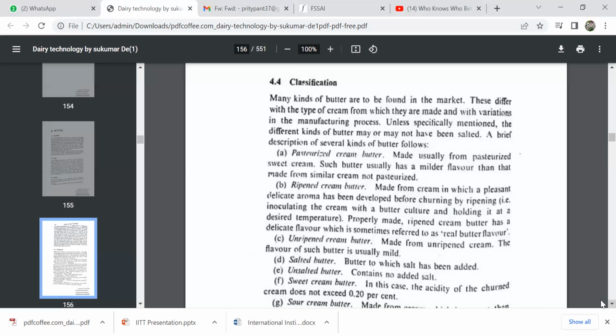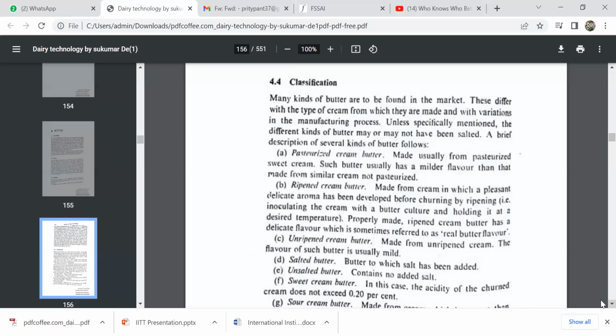Next one is the ripened cream butter, which is prepared from the cream in which a pleasant delicate aroma is developed before churning by ripening. So the pleasant aroma comes due to ripening.